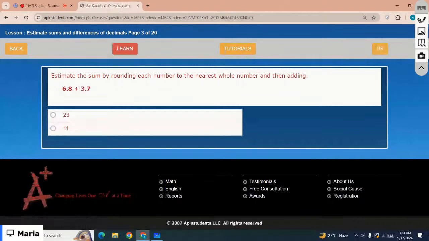Then you have to add 6.8 plus 3.7. So which is the correct option? The correct option is 11.